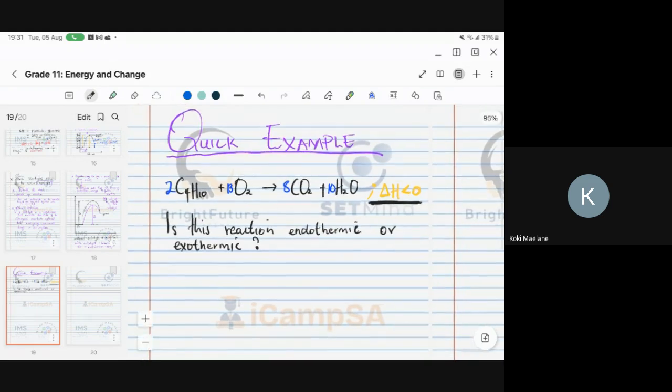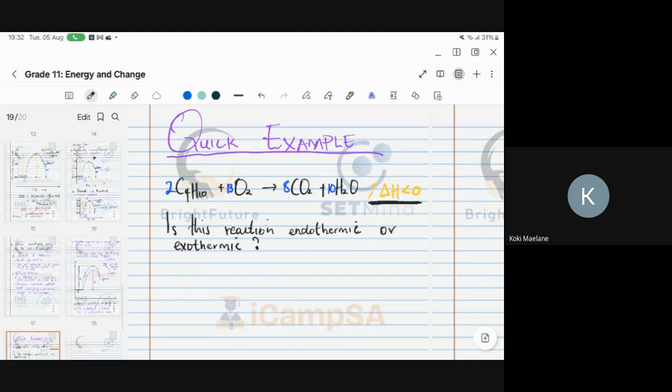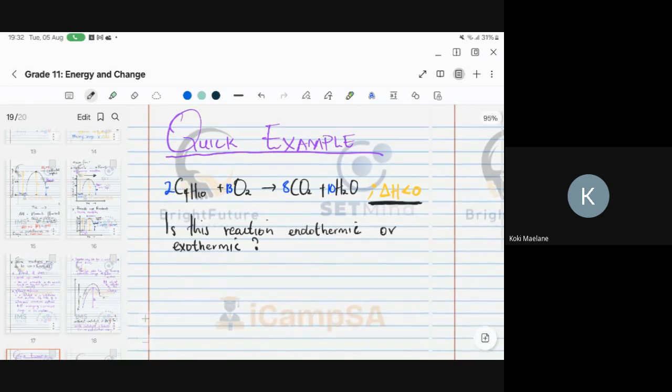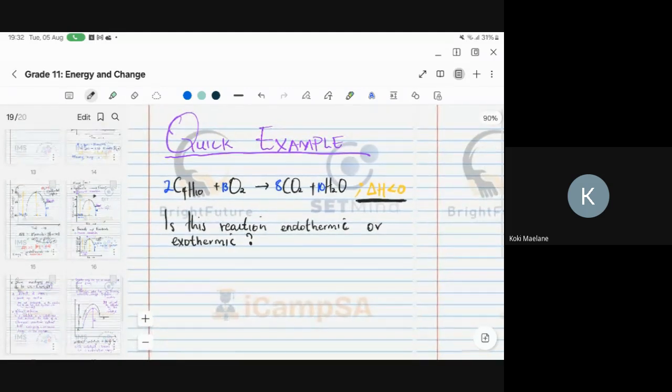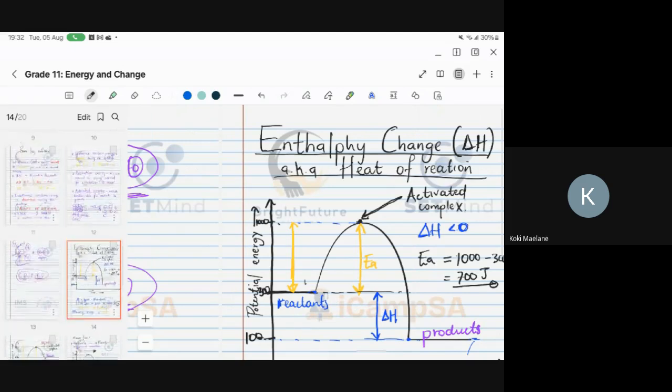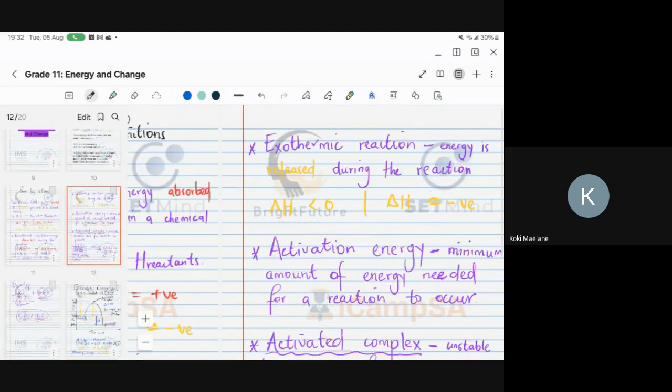is negative. So what does that mean? It means the reactants have a higher energy than the product. So what does that mean? It means energy is being released, right? Or I said absorbed earlier, my apologies. Energy is being released. Remember what we said here in our notes: released. So delta H is negative.